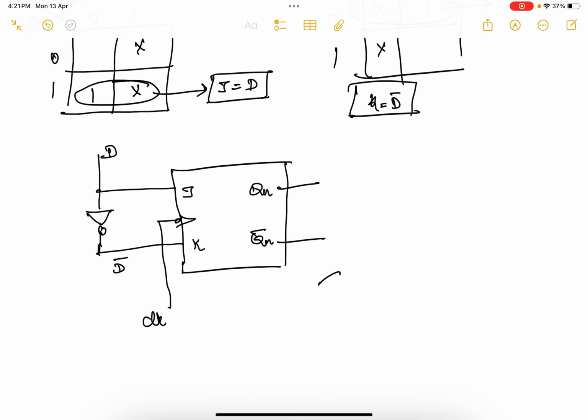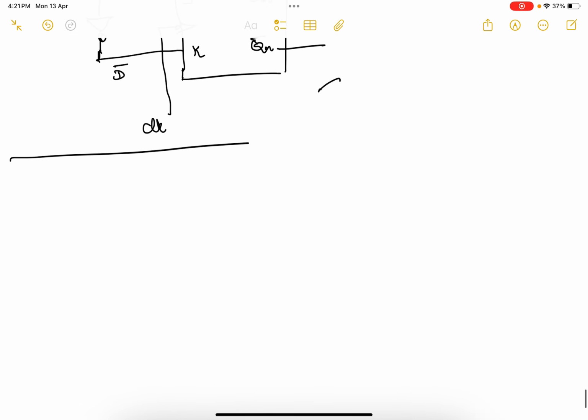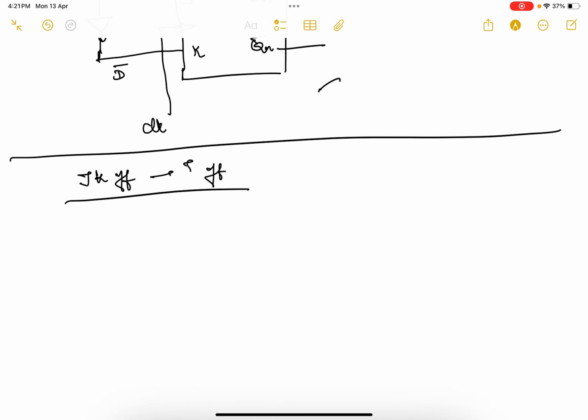Now we will go with the next conversion of flip-flop. Your JK flip-flop can also be converted into a T flip-flop. So what are the steps? For the destination flip-flop, I want to draw my extended truth table.